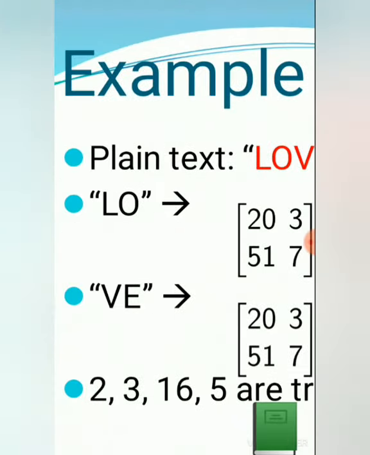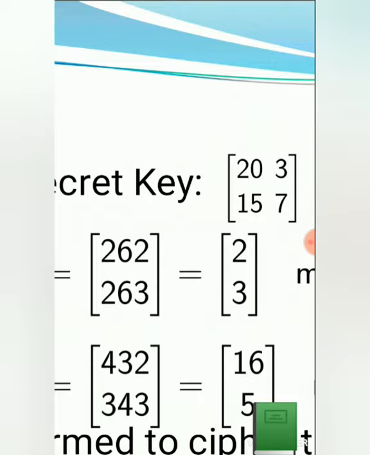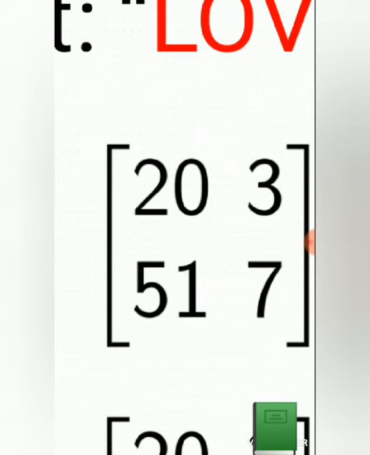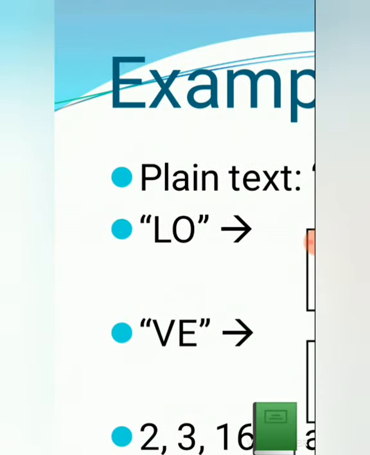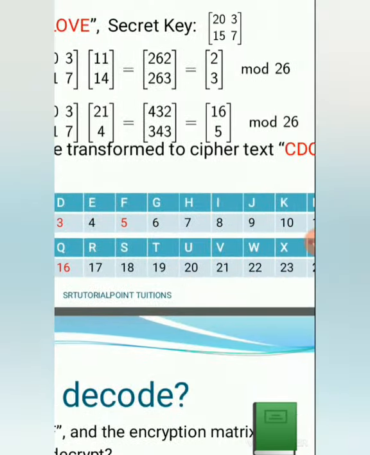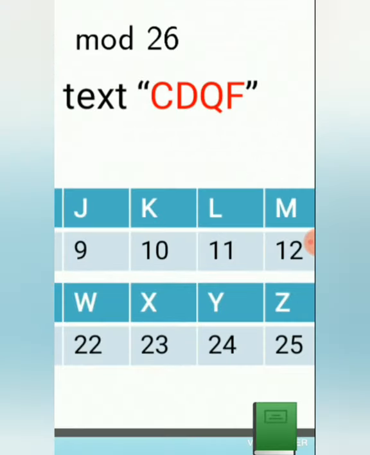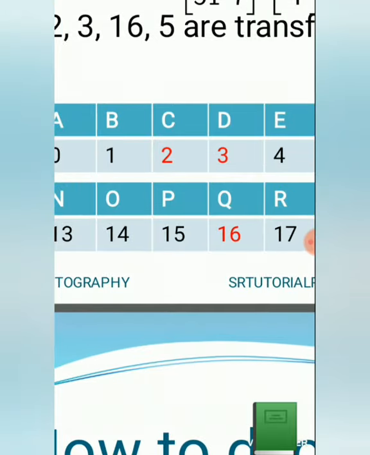First taking LO, take this key, 20 3 15 7. Then the L value is 11, so substitute 11. The value of O is 14.